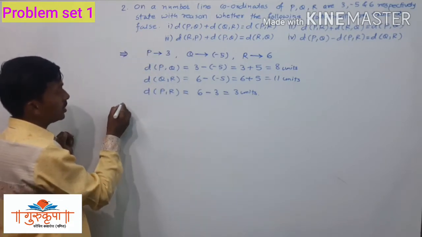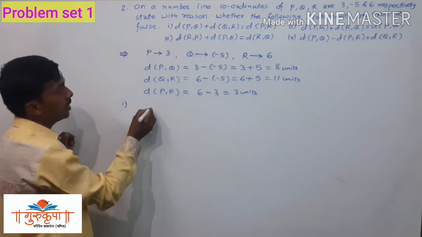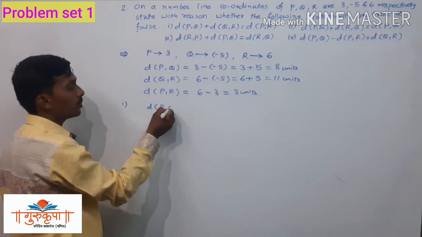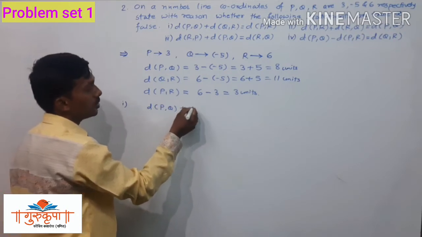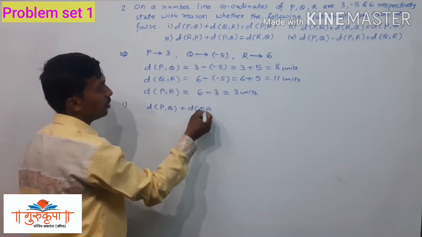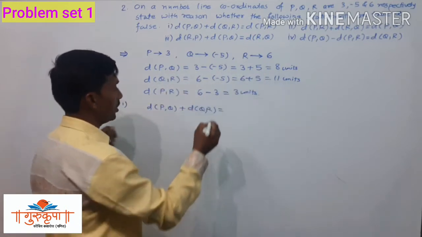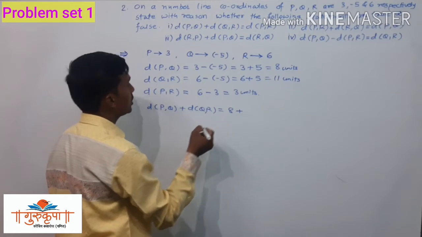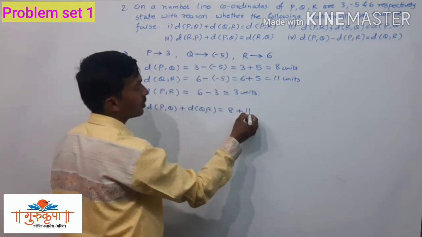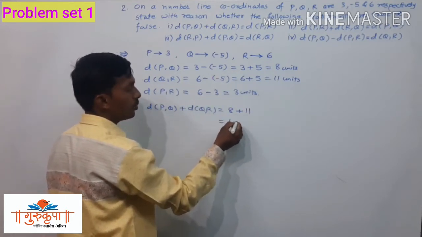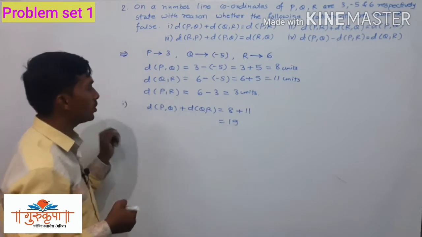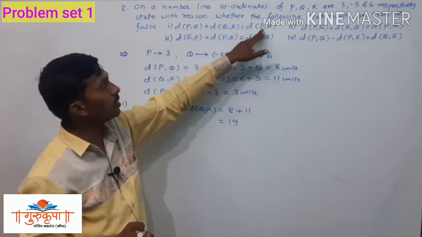So for writing the answer of the first statement, here we will write distance PQ plus distance QR is equal to, now distance PQ we found is 8, plus distance QR is 11, and it is equal to 19. Now check whether PR is 19 or not.